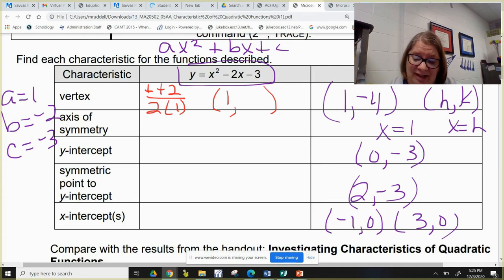So I'm going to take this equation right here and go 1 squared minus 2 times 1 minus 3. 1 squared is 1. That's negative 2. 1 minus 2 is negative... Did I do that right? Hold on. Time out. X is 1. 1 squared is 1.